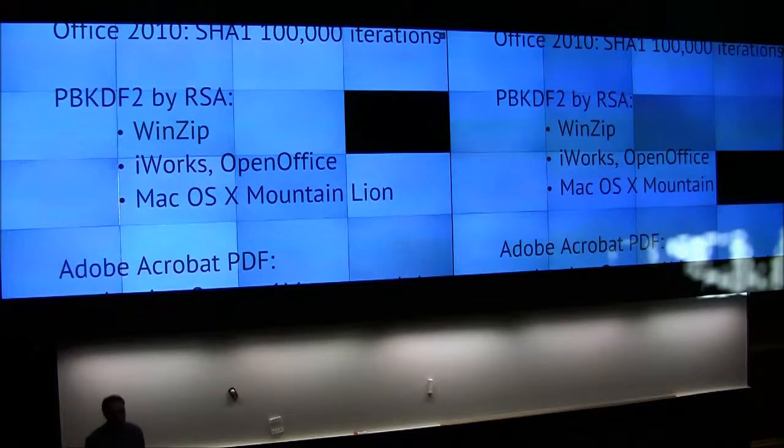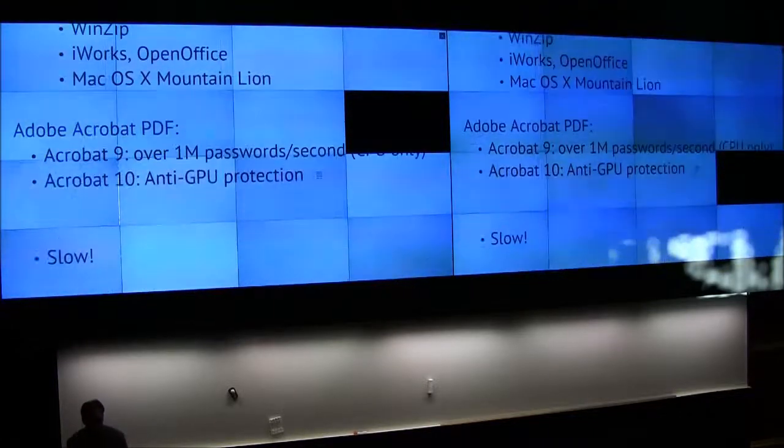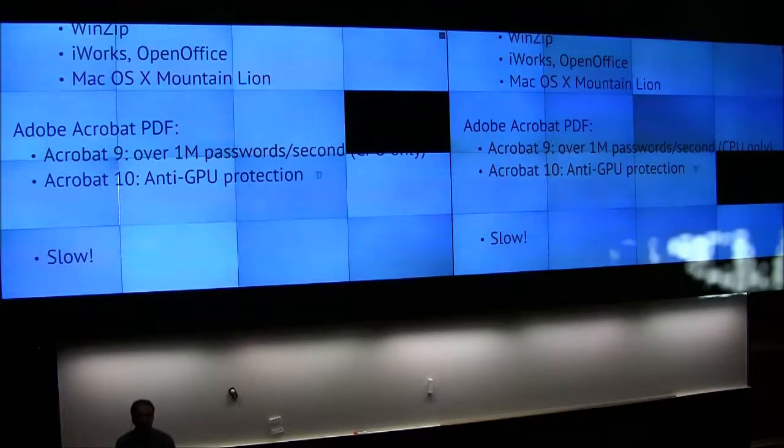Wi-Fi, WinZip, iWork, OpenOffice, the latest version of Mac OS X, they all rely on this KDF2 for encryption. Another example, Adobe Acrobat PDF version 9, which was current approximately 1 year ago: password cracking speed was over 1 million passwords per second. And this is for CPU only, without any hardware acceleration.